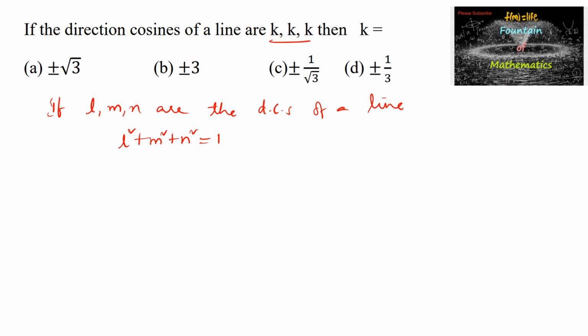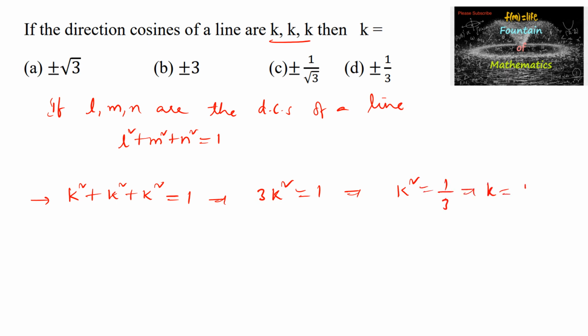So here k, k, k are the direction cosines. So k square plus k square plus k square is equal to 1. That is 3 times k square is equal to 1, so k square is equal to 1 upon 3. So k is equal to plus or minus 1 by root 3. So we can go with option C, plus or minus 1 by root 3.